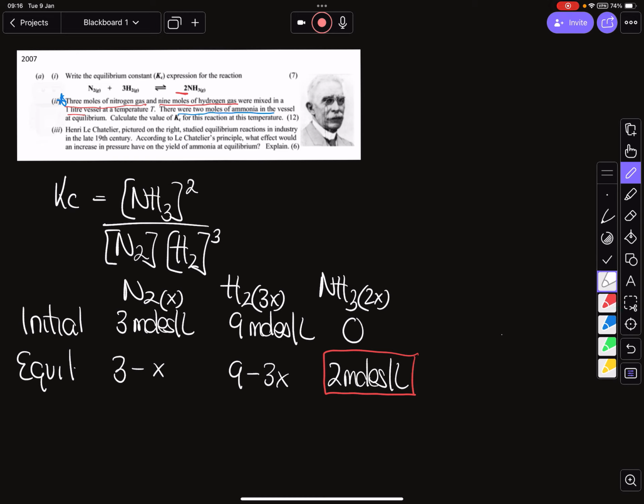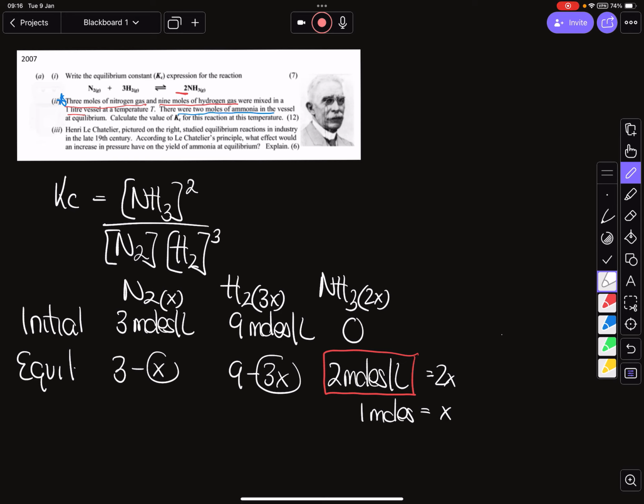The reason I'm doing this is because this 2 moles here is equivalent to 2x. So to find out what x is, I divide both sides by 2. So 1 mole in a litre is now equal to x. And I am now just going to put that into here and into here.